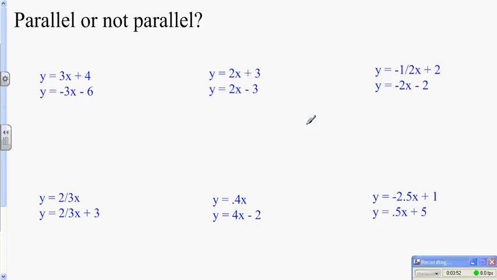Now here are some examples that you need to look at and decide, parallel or not parallel. For parallel, we will do this symbol. Not parallel, we'll just go like this and cross it out. To decide parallel, we look at slopes. Different slopes mean they are not parallel.